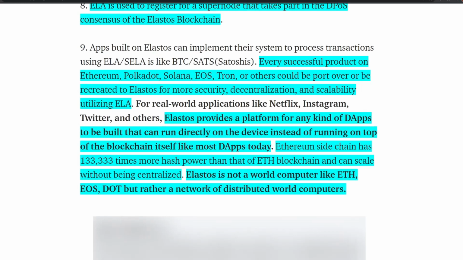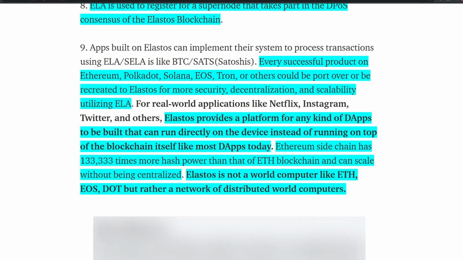This section 9. Every successful product on Ethereum, Polkadot, Solana, EOS, Tron, or others could port over or be recreated on Elastos for more security, decentralization, and scalability utilizing ELA.